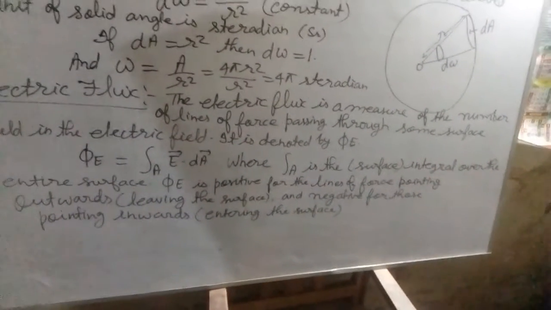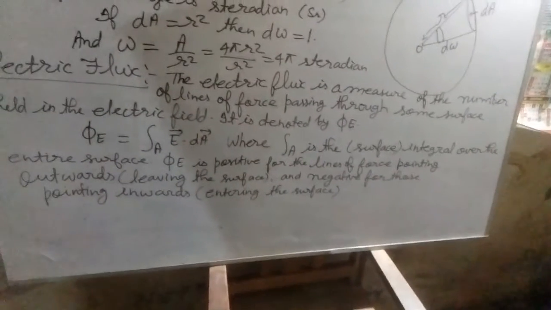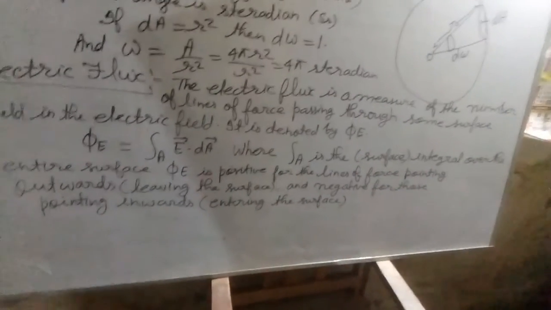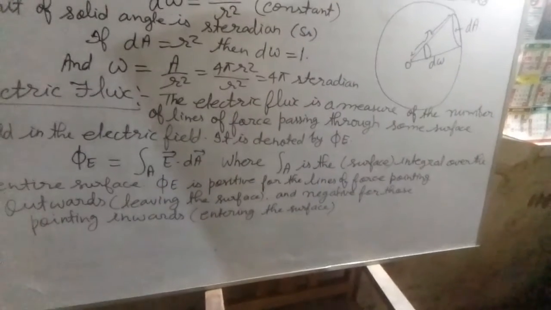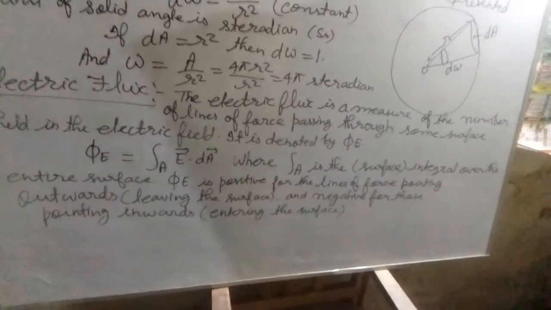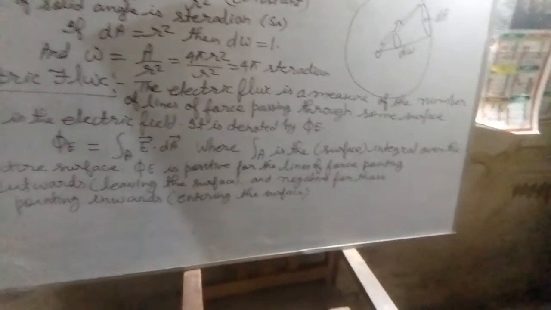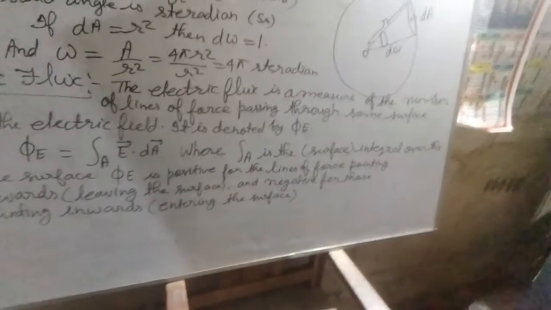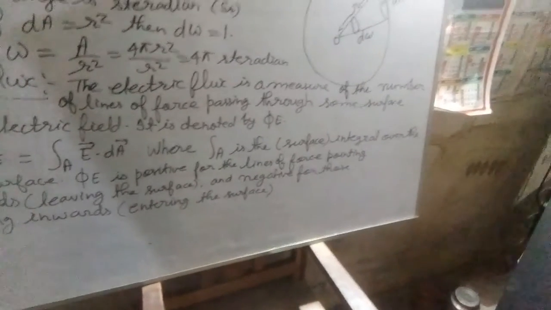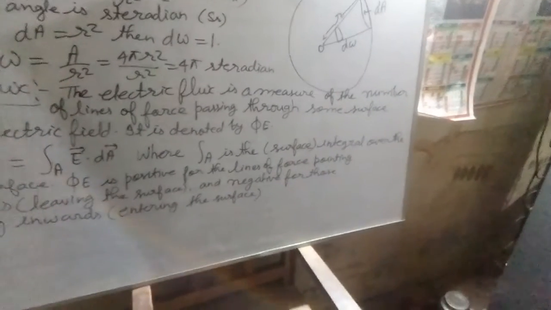The electric flux is a measure of the number of lines of force passing through some surface held in the electric field, which is denoted by phi E, and phi E equal to integration of vector E dot d vector A, where the integration is a surface integral over the entire surface.